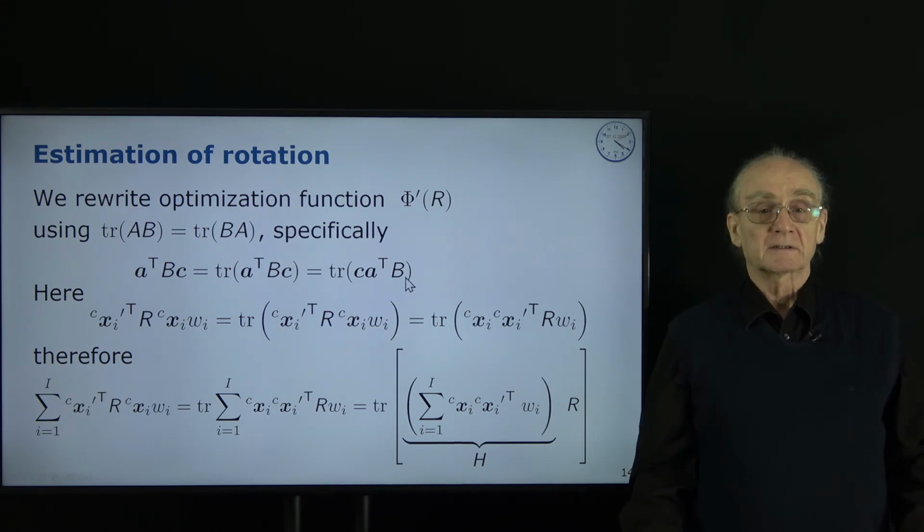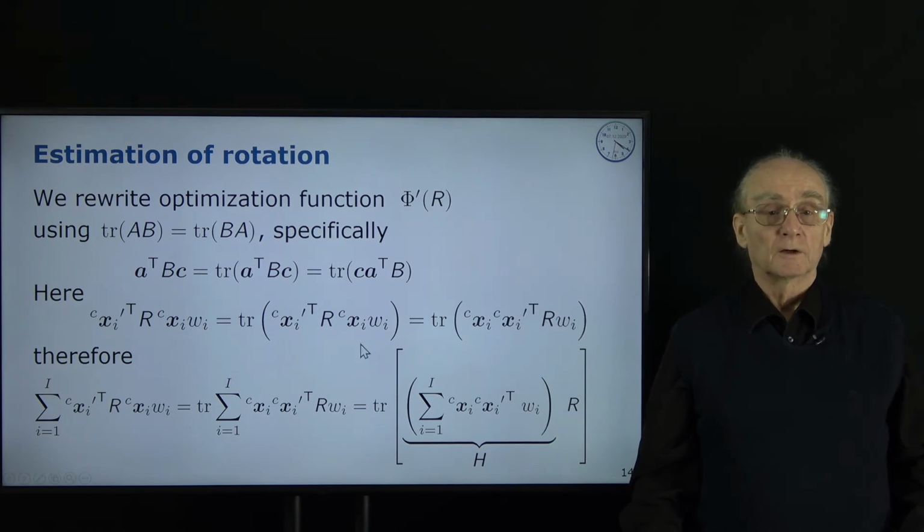Now we apply this rule to our bilinear form and arrive at the trace of, we take the XIC on the left side. So we have here the dyadic product of XIC and XI prime C multiplied with the rotation matrix, multiplied with the weight. And now we perform the sum over all these expressions.